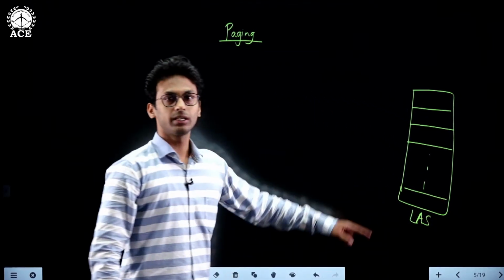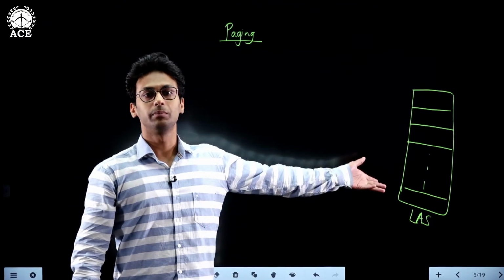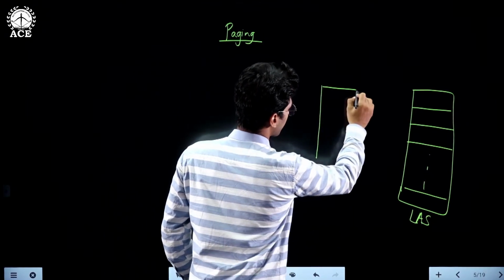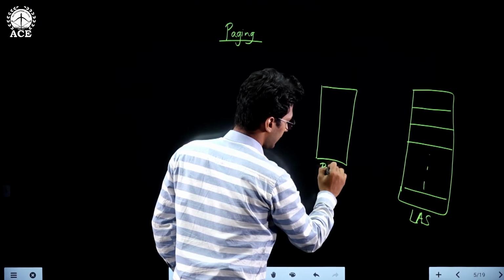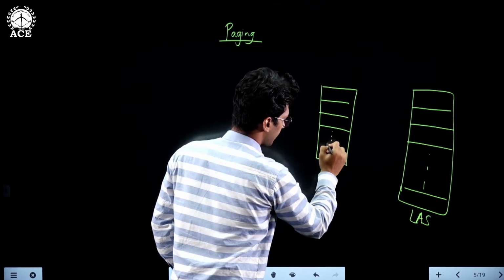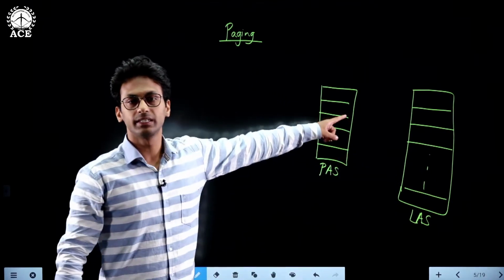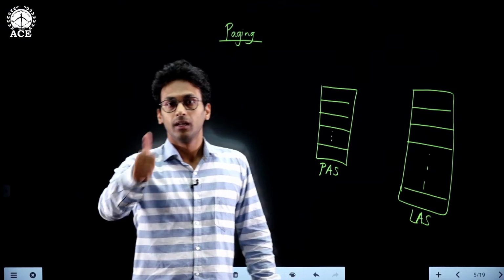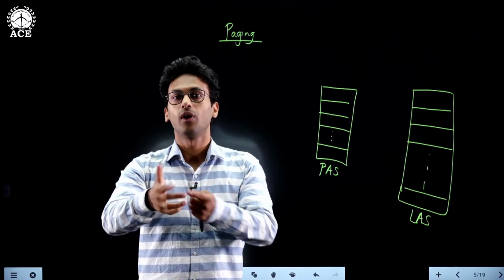Logical address space indicates secondary memory. Next one, this is the physical address space. Physical address space indicates main memory.